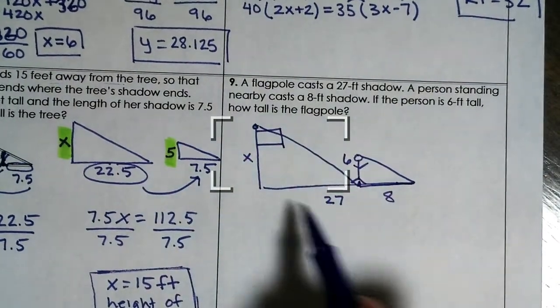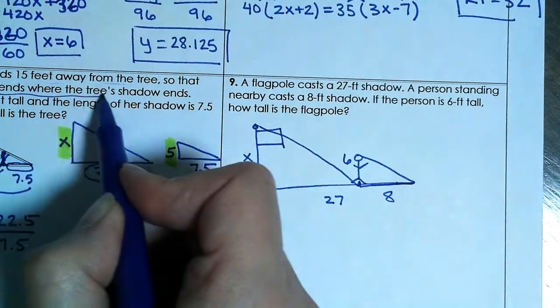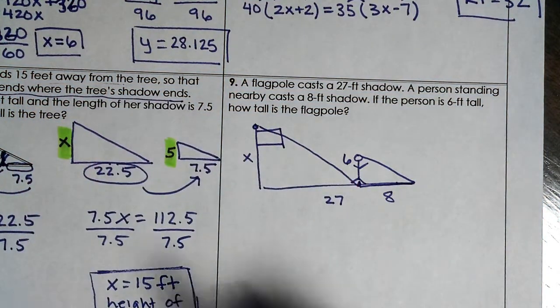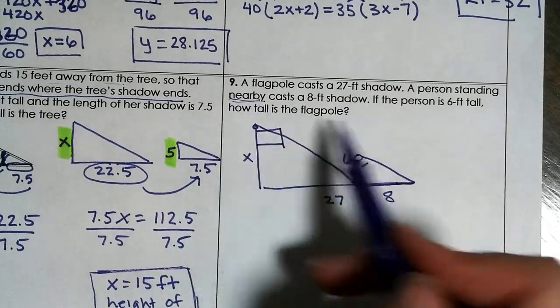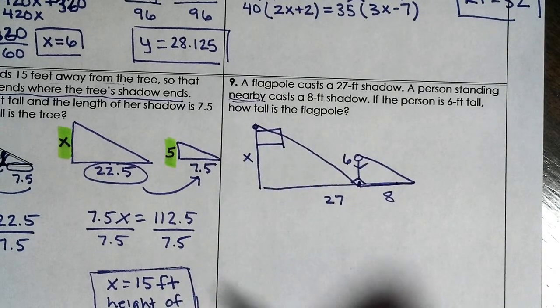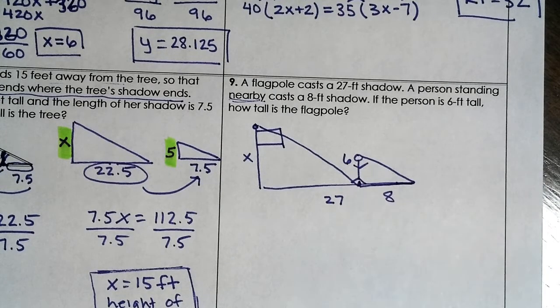So the difference between these two is this one says her shadow ends where the tree's shadow ends. This one does not say that. They're just standing nearby and they cast an 8-foot shadow. So that's what I'm thinking.